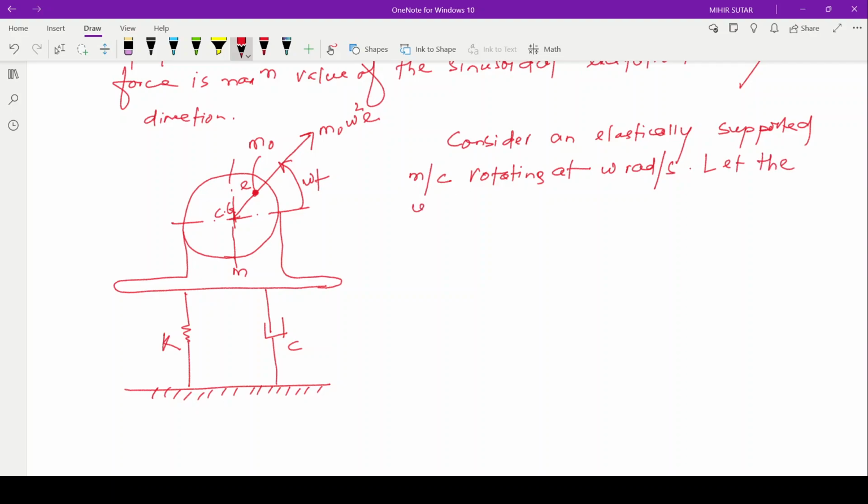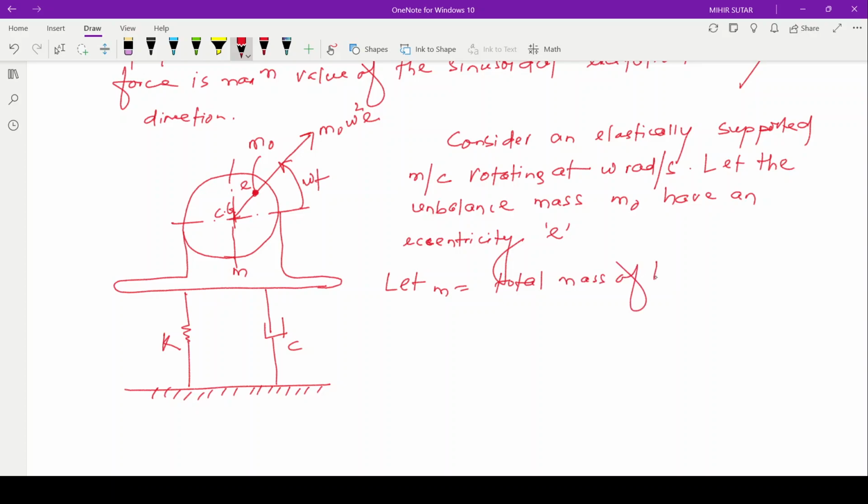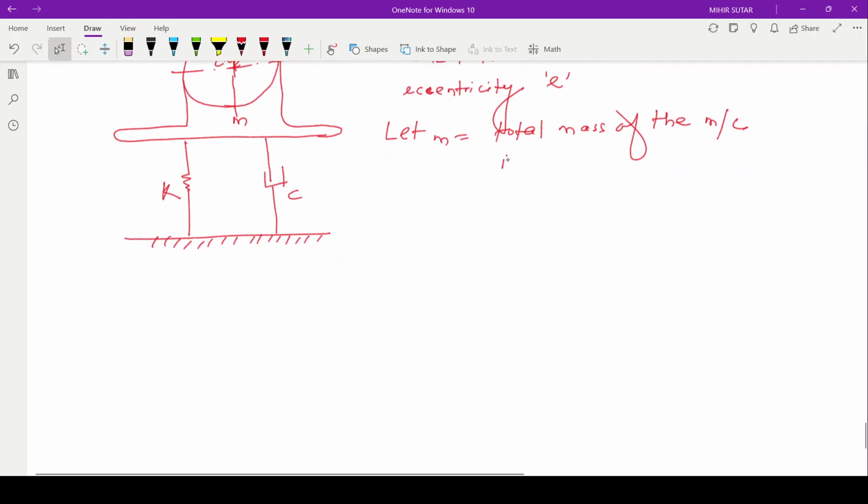Let the unbalance mass m0 have an eccentricity e, and let m be the total mass of the machine, including unbalanced mass m0.